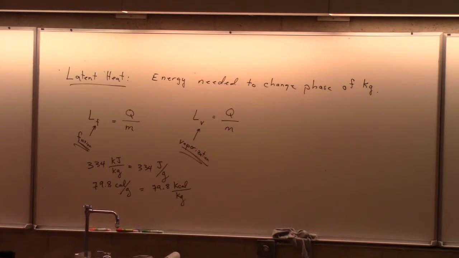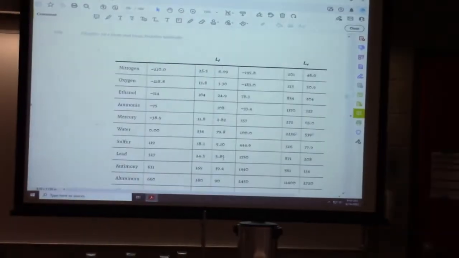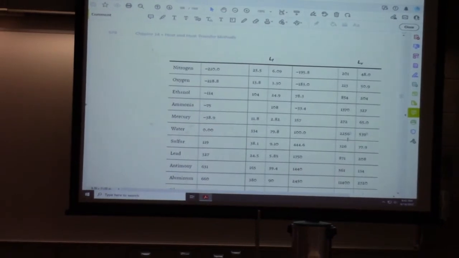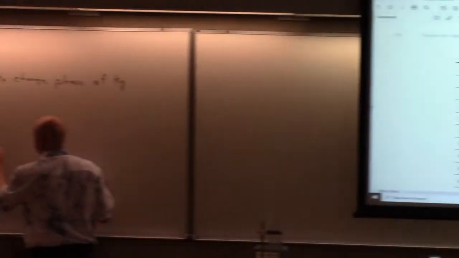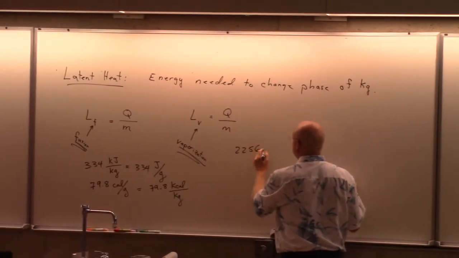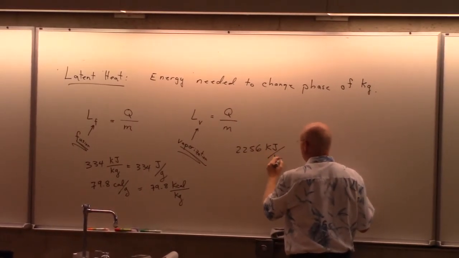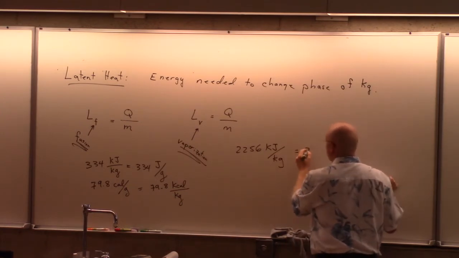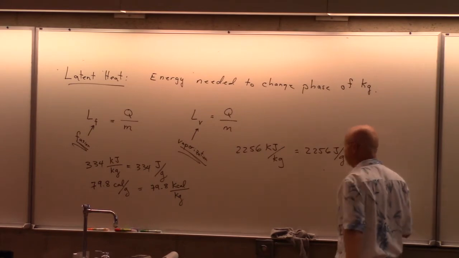Now, if you look at the latent heat of vaporization for water, where's water? Right here. What was it? 2,256. So 2,256 kilojoules per kilogram, or 2,256 joules per gram.